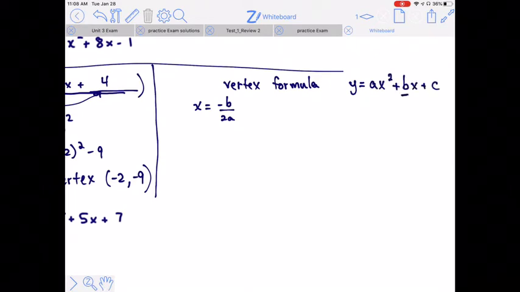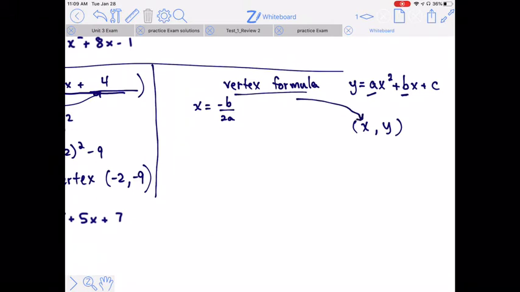So you need the values of b and a. And this will tell you the x part of the vertex. And remember, a vertex is x and y. So this vertex formula tells you the x value of the vertex. And once you have that x value, you can plug it back into the equation to find the y value.